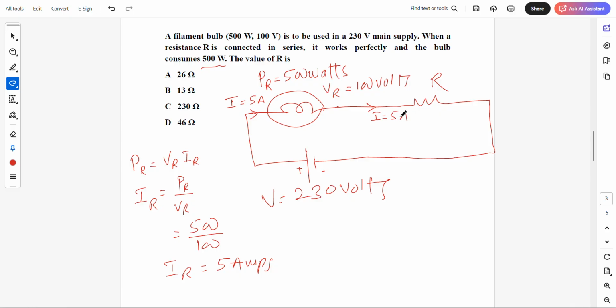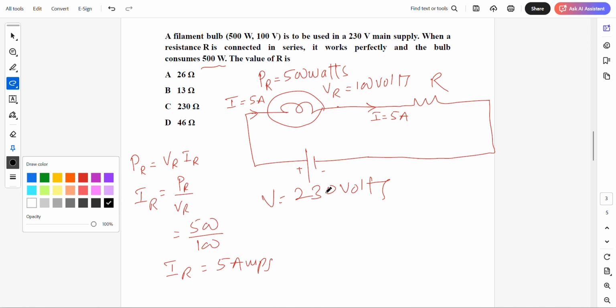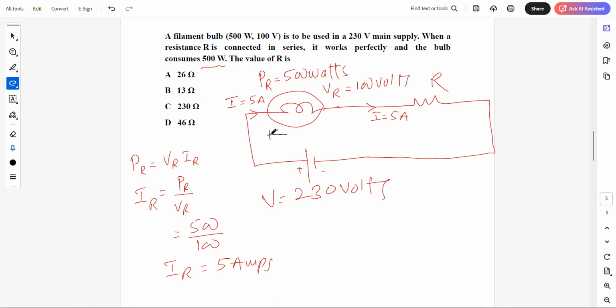Now, how much voltage have they given here? Total voltage is 230 volts. What is the voltage here? It is the rated voltage of the bulb, 100 volts. If this is 100 volts, then across R the remaining is 230 minus 100, that is 130 volts. Therefore, how to calculate this R?